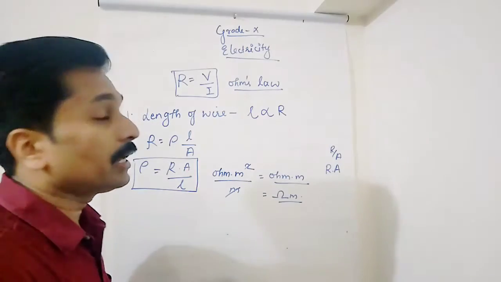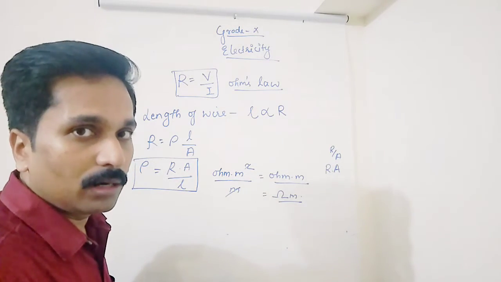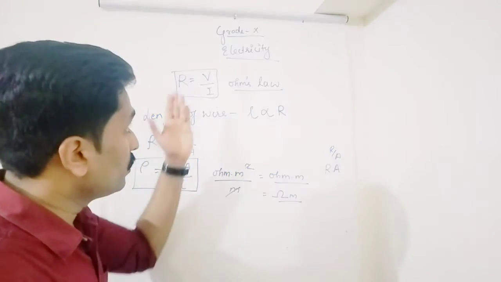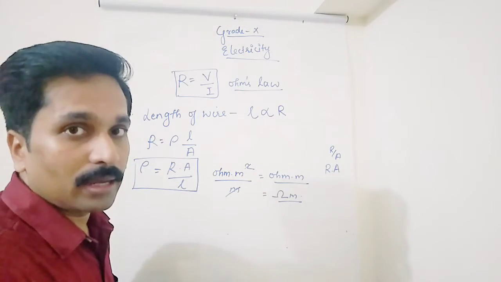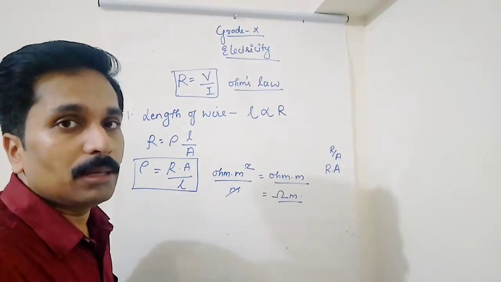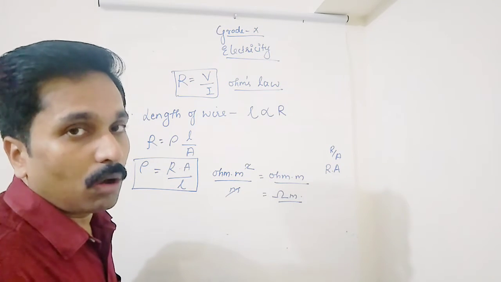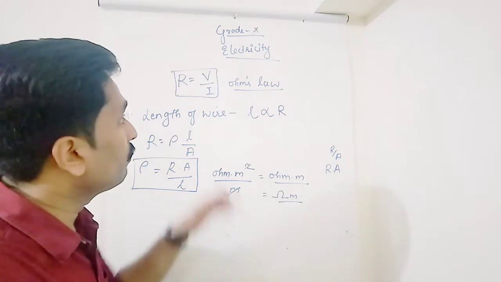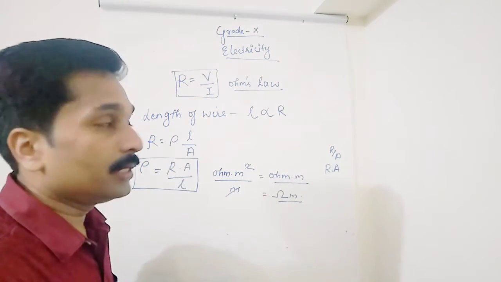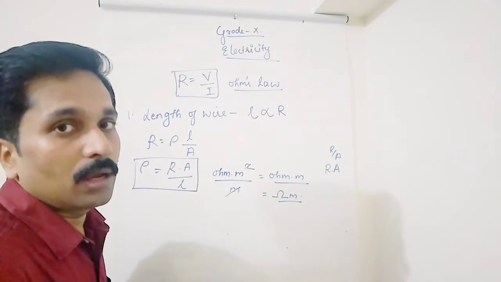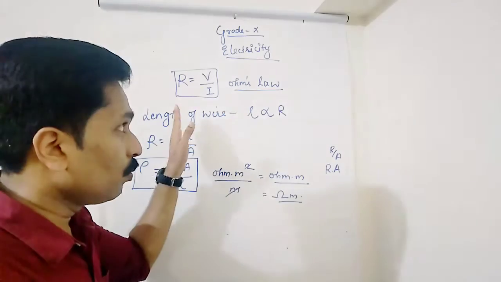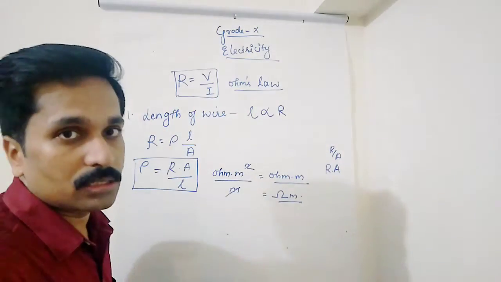So once again I will recap from the beginning what we have learned today. The first one we have discussed was regarding the resistance, and I have said R is equal to V by I, that is voltage or potential difference across the conductor divided by current. Okay, and its unit is ohm, as you know. Then we have learned what a resistor was.